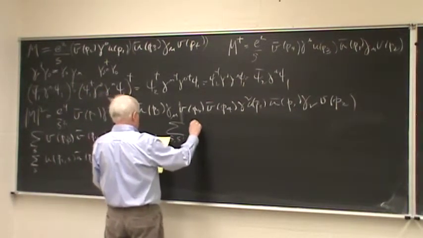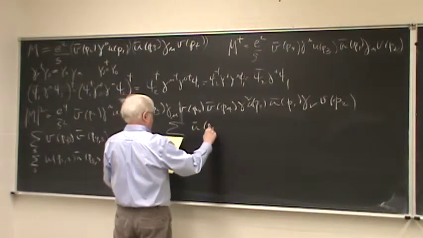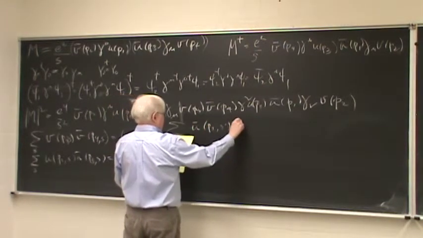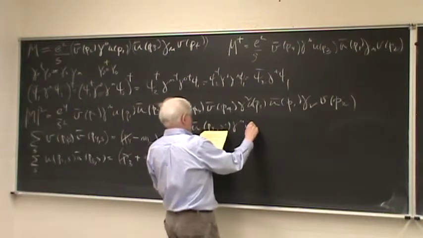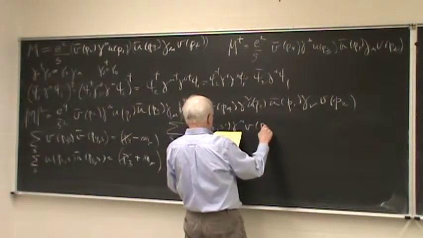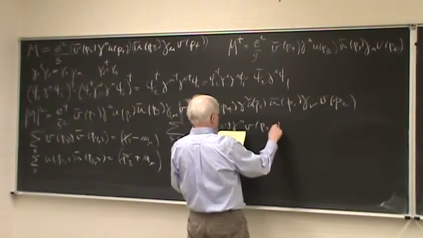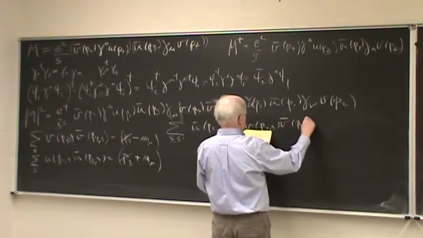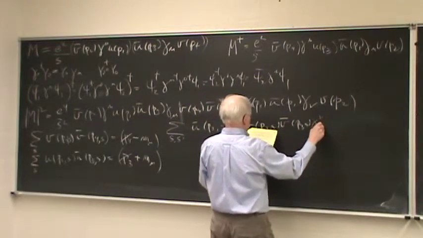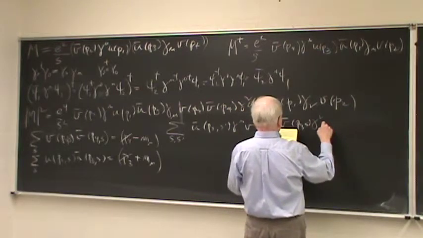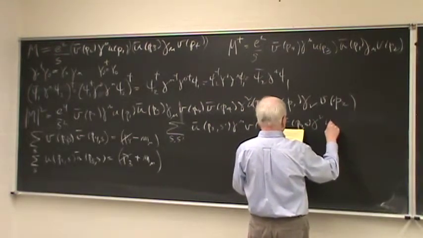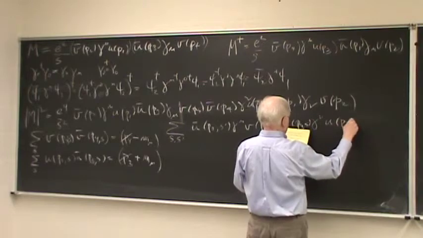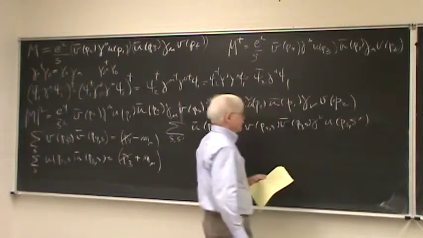And now what we have is U bar of P3, s prime, gamma mu, V of P4, s, V bar of P4, s, gamma nu, U of P3, s prime.